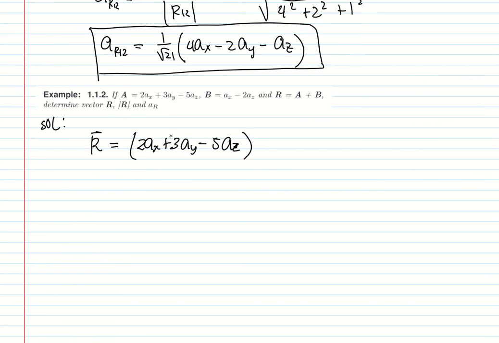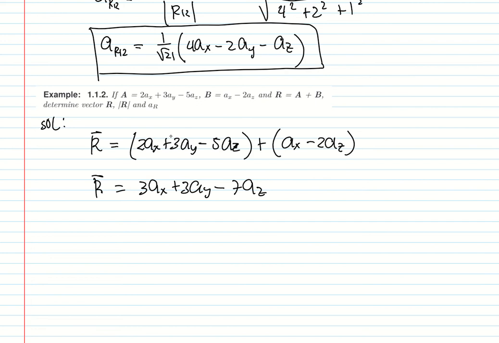We add this with the vector B, which is ax minus 2az. Then we add the components individually. So R now will be equal to 2ax plus 1ax, that's just 3ax. We don't have ay in B, so it's just 3ay. Then minus 5az minus 2az is negative 7az.